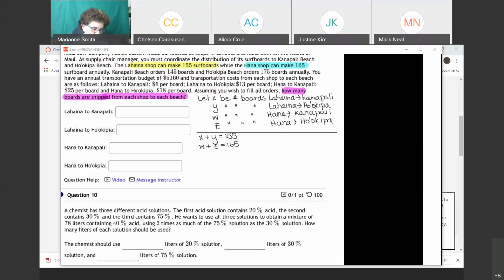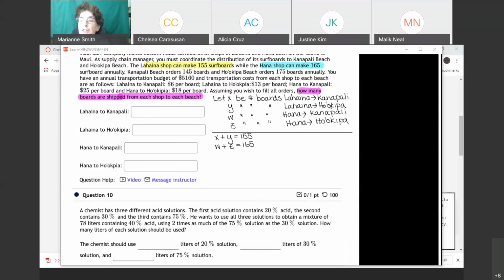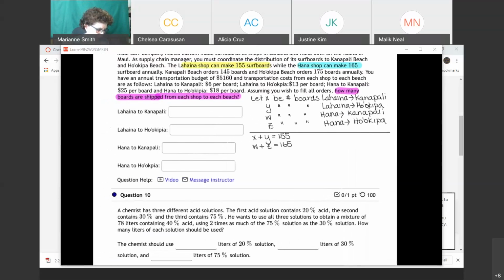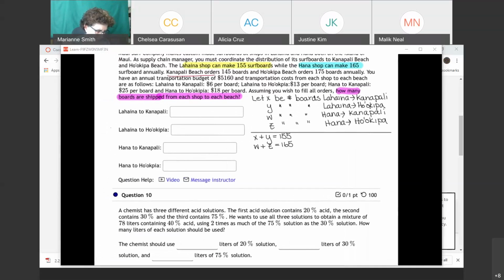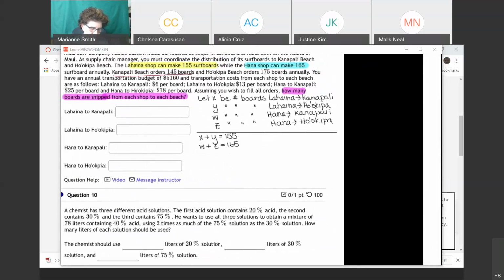Okay, then I have to look at what each of the beaches order. Okay, so I'll try to underline these. Okay, Kanapali orders 145 boards. So I have to look at my variables and find the variable that deals with Kanapali. So that's X and W. So these are the orders from Kanapali. Okay, so maybe it'd be better if I did it like this. I'll write what these are from Lahaina.